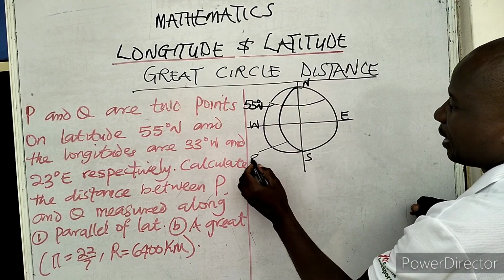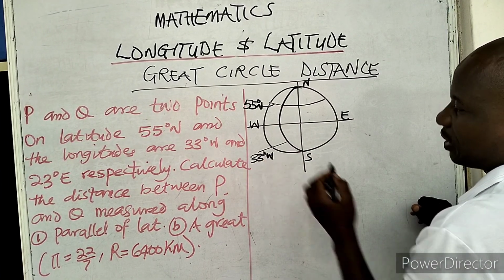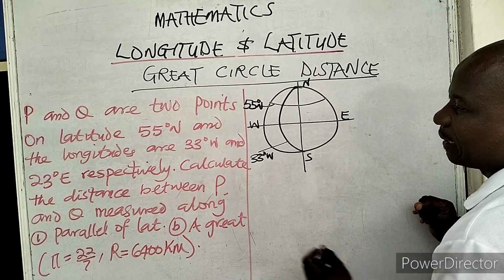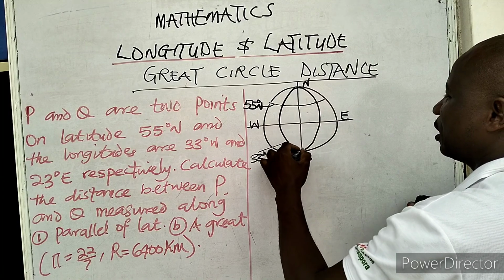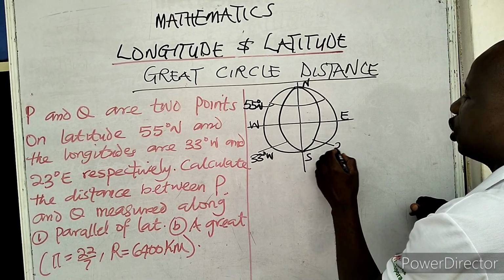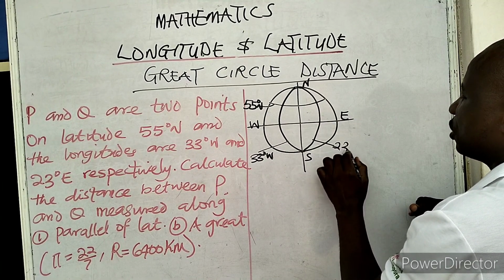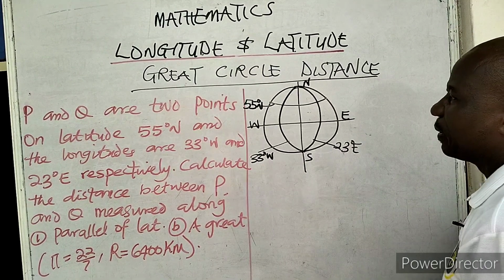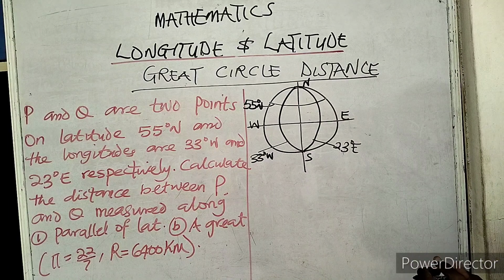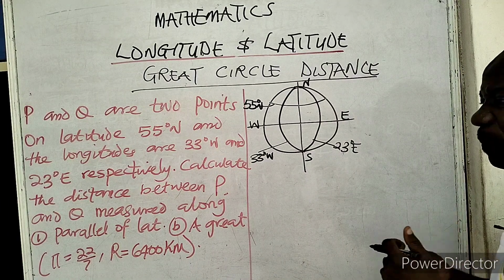So this one is 33 degree west, and this is 23 degree east. Now, they say we should calculate the distance between P and Q measured along the parallel of latitude.